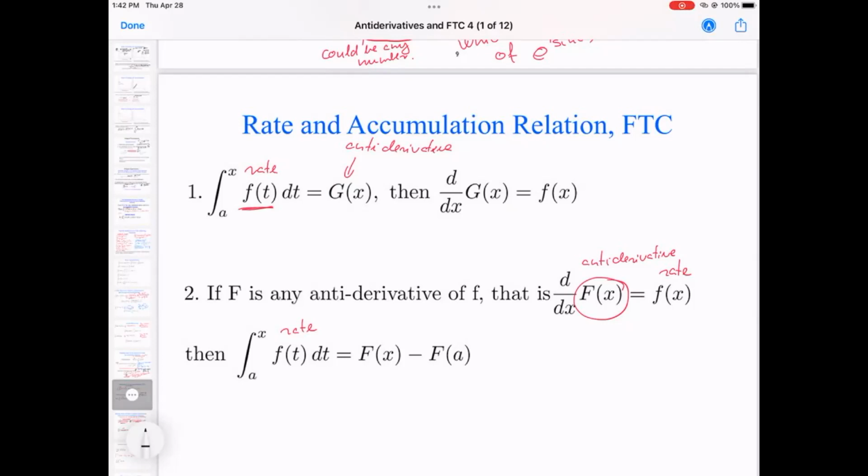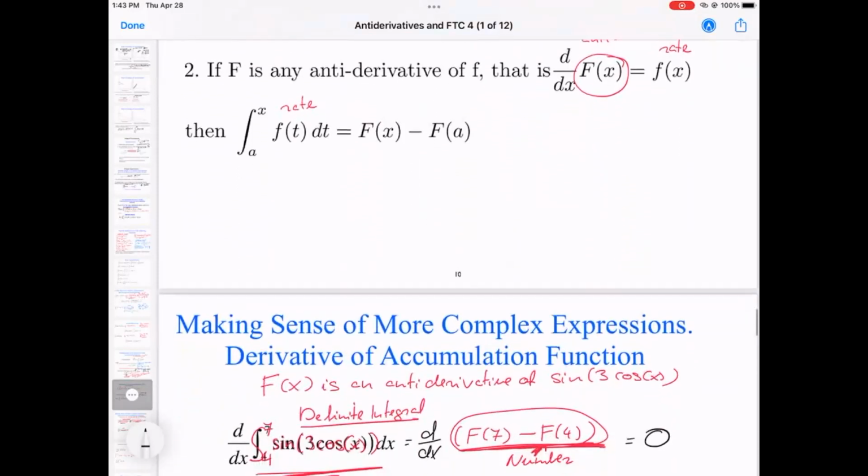The derivative of g of x is back to the rate function. The other part of the fundamental theorem of calculus means that the integral of a rate function from a starting value a to an undetermined value of x expresses the net change in an antiderivative, right? From a to x, that's f of x minus f of a. Right? So this is what we practiced in module 4 many times.